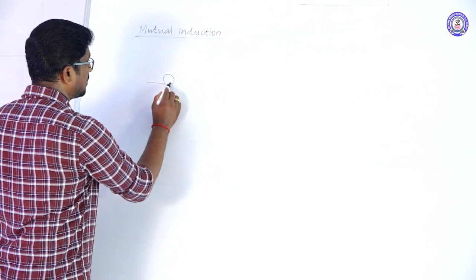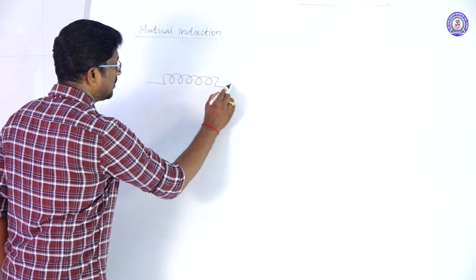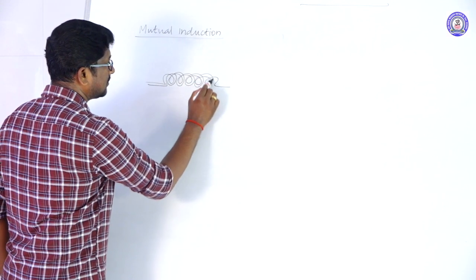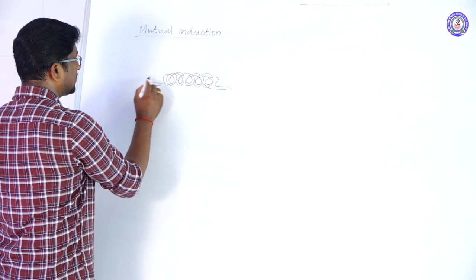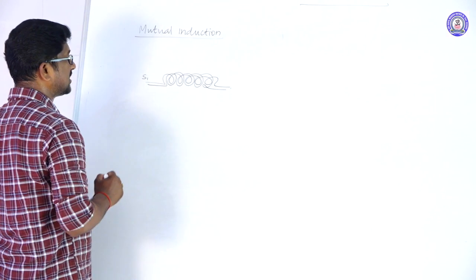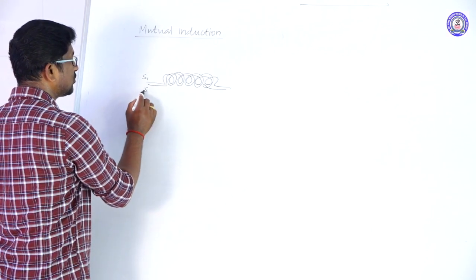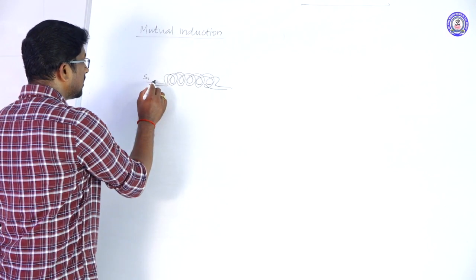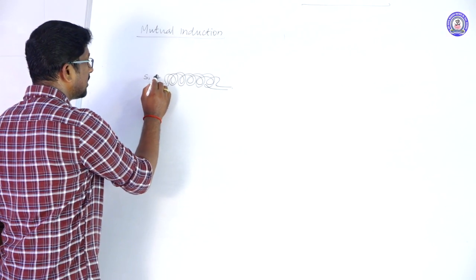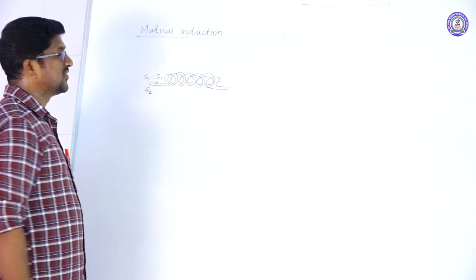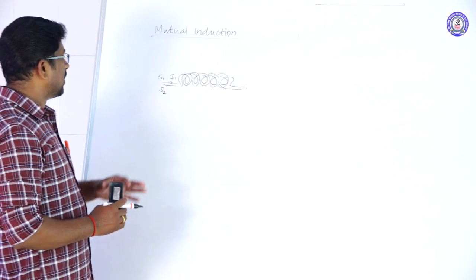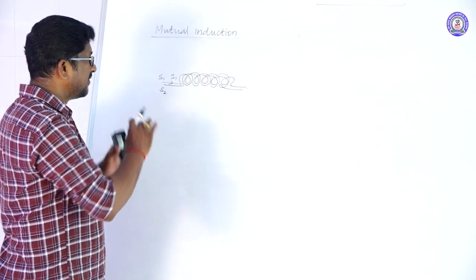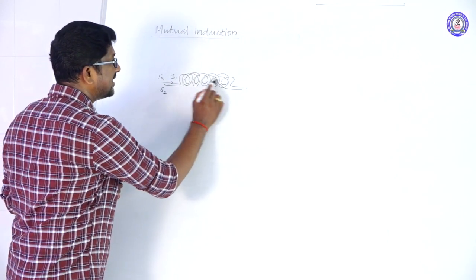Suppose let us consider two coils. This is the first coil or first solenoid, represented by S1. This is the second solenoid, S2. Now an electric current I1 is passed through the first solenoid, which produces a magnetic field inside it.